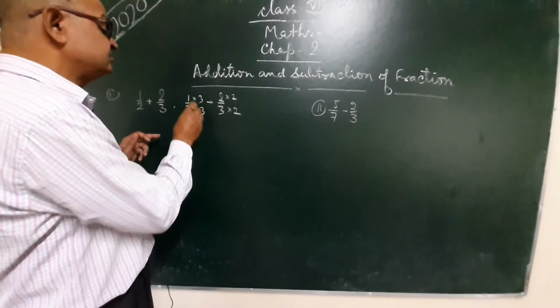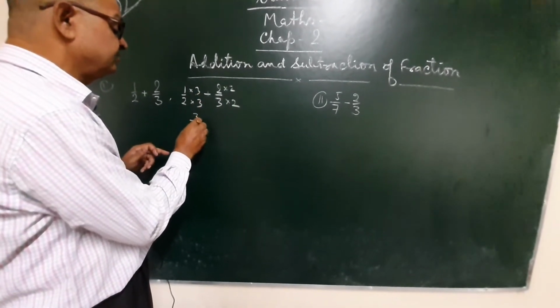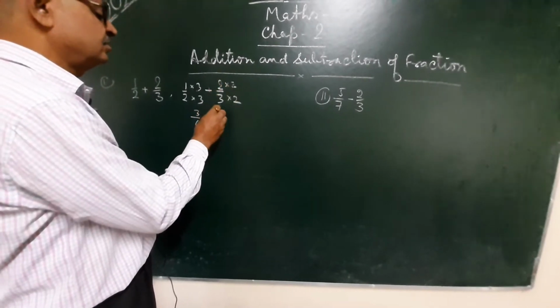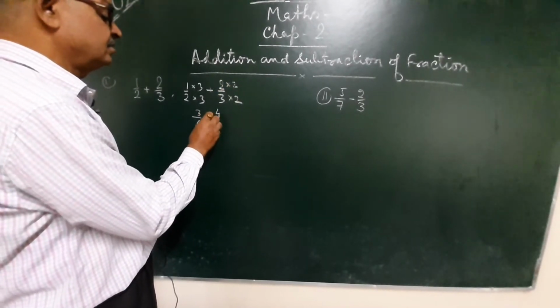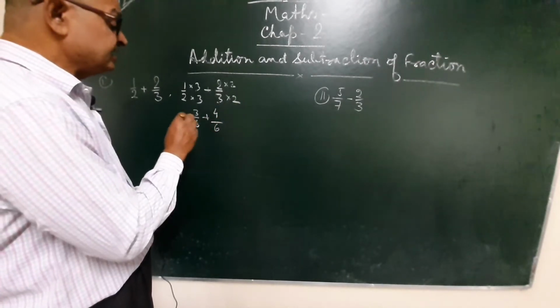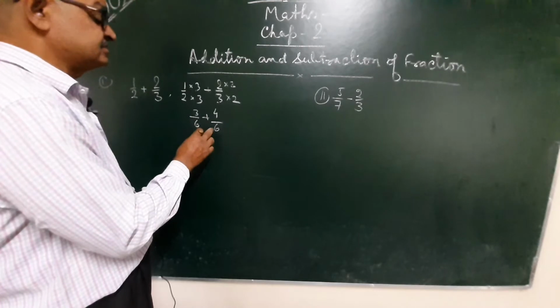Means 3 ones are 3, 3 by 6, plus 2 twos are 4, upon 3 twos are 6. Here both denominators are 6 and 6.